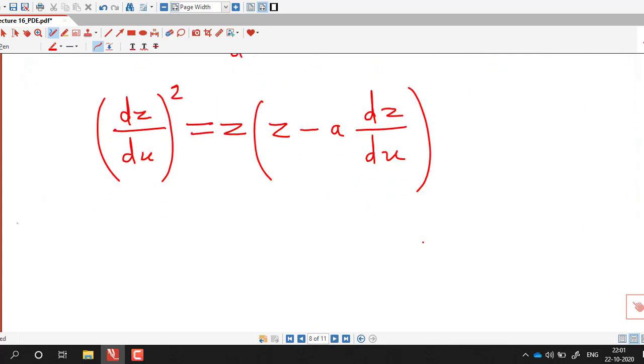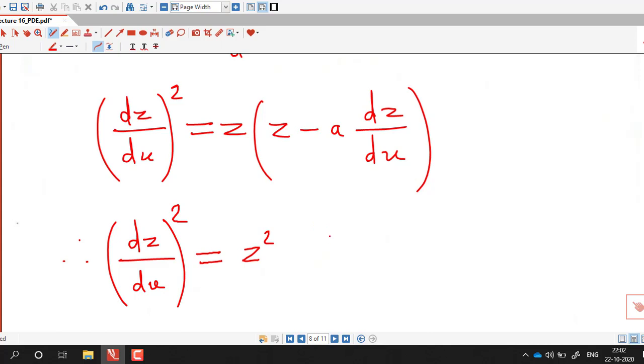So now this is an ordinary differential equation in z and u. To solve this, we rewrite it as (dz by du) square equal to z square minus az dz by du.